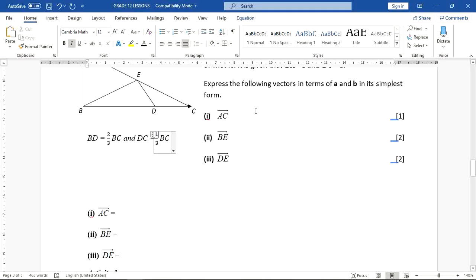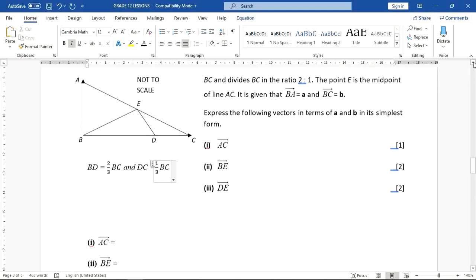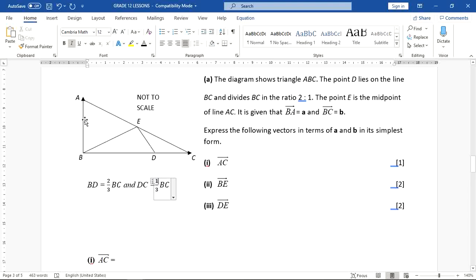So if I can just have enough space. We are at A and want to go to C, so we need to take this route. We take AB and then we add BC. So that will be minus small a plus small b.